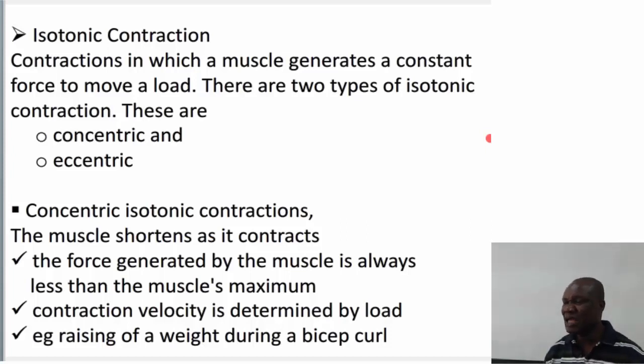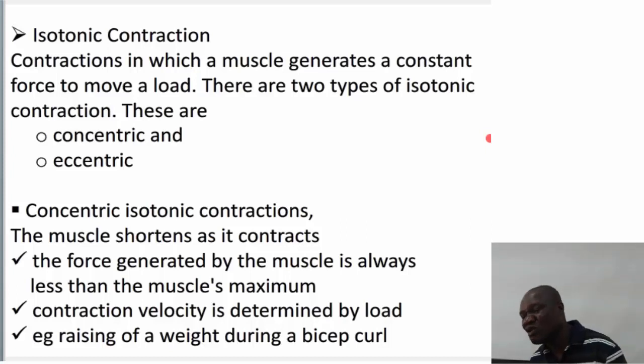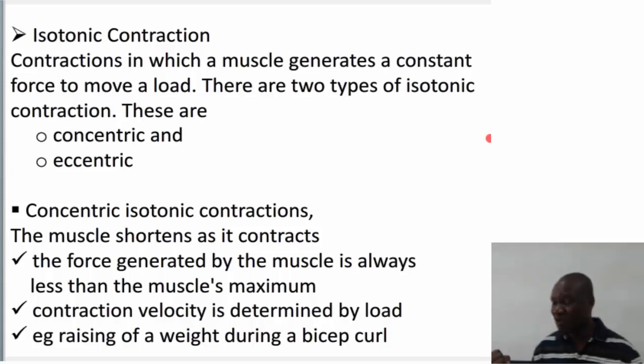In concentric isotonic contraction, the muscle shortens in length, and the force generated by the muscle is always less than the muscle's maximum. The force generated during concentric isotonic contraction is less than the maximum force that the muscle can generate.